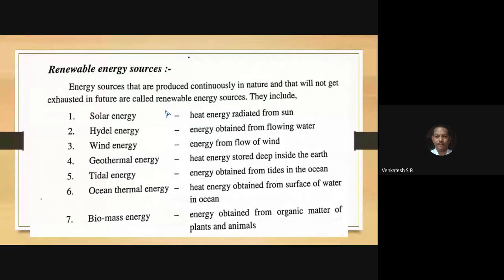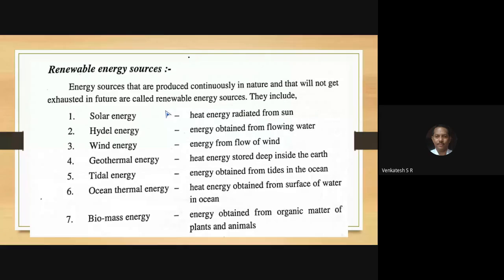From that we produce the electrical power. We utilize the water flowing in the river in the hilly area, flowing from upstream to downstream. That water source is used for running the turbine. The turbine is directly coupled to the generator. The generator produces the electrical power. So that is hydel energy.